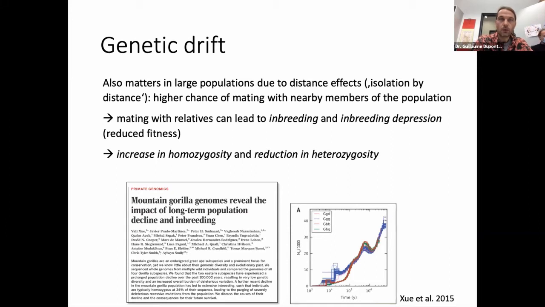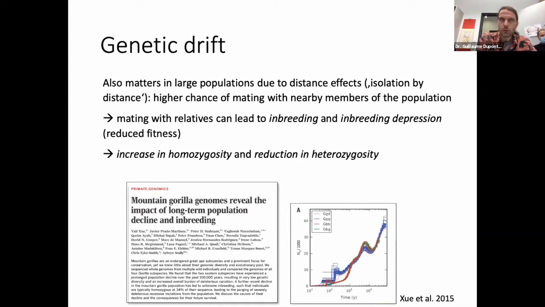So this has been shown, and we've discussed this last time already, with this paper on mountain gorilla genomes. On the right panel, on this right figure, you see a logarithmic time scale, and then the effective population size, which is denoted by NE. So these are individuals which can reproduce.